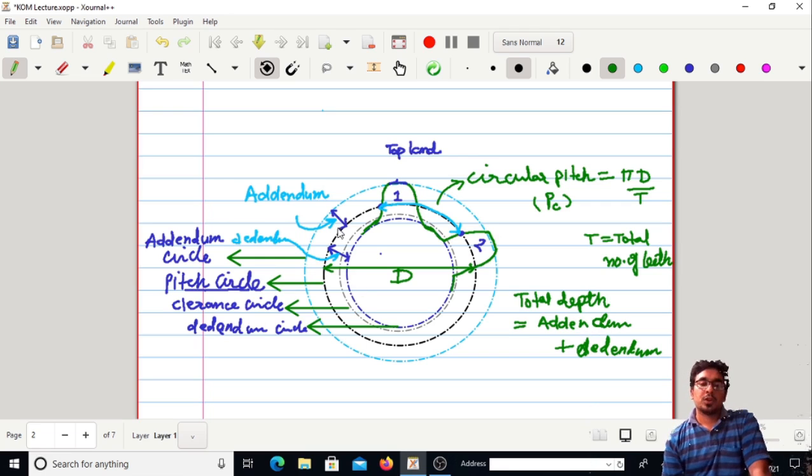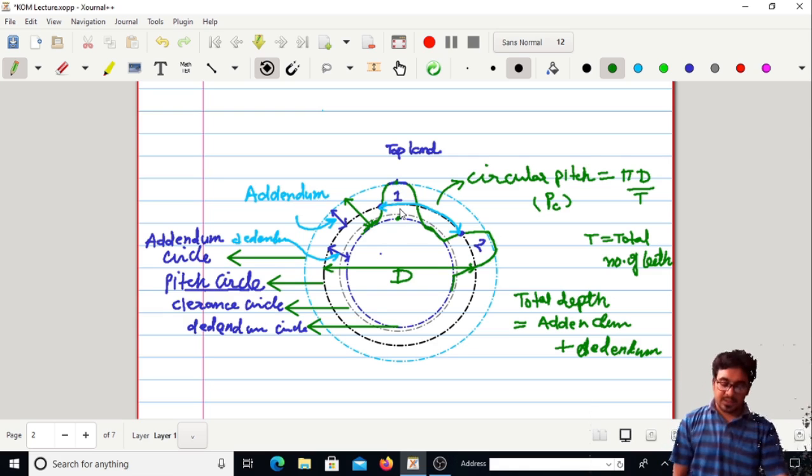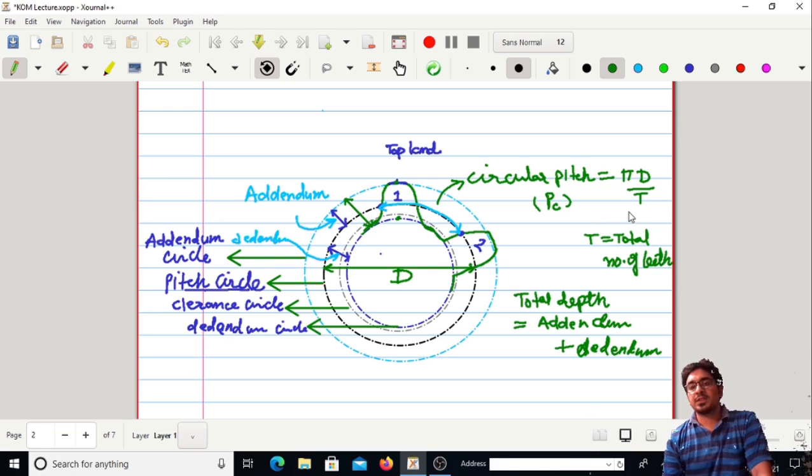So the summation of this particular distance from here to the dedendum circle is called the total depth. Practically it is from this point to this point. This defines the total depth.